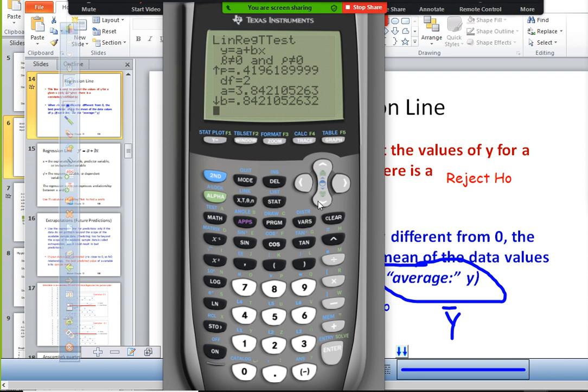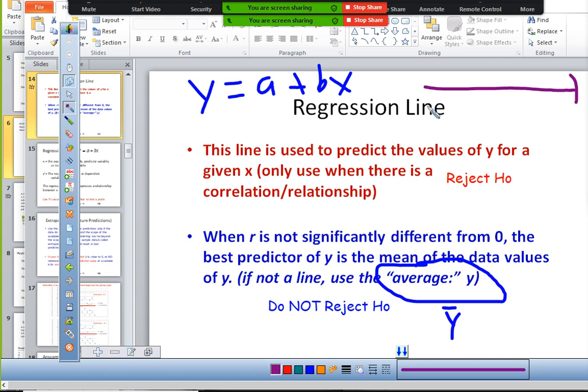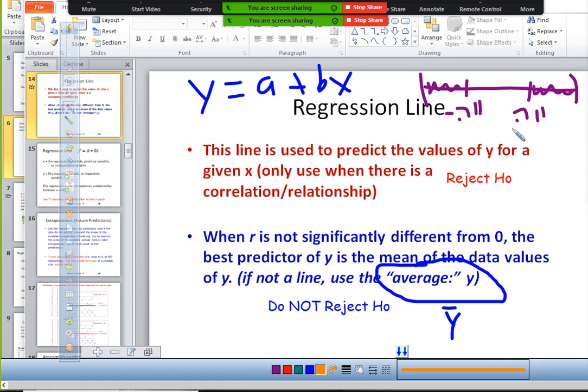If you think about it, here's my R. Here's my regression line, and it needs to be 0.711. Say, for example, negative 0.711, and I'm at 0.5 something, so I'm right in here.